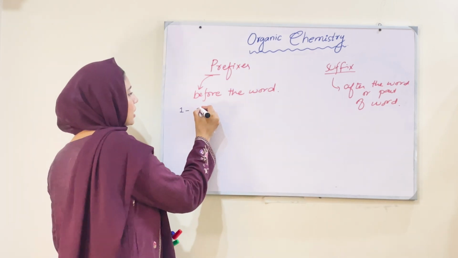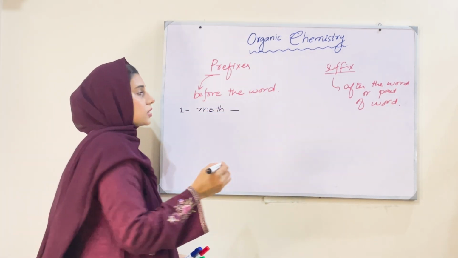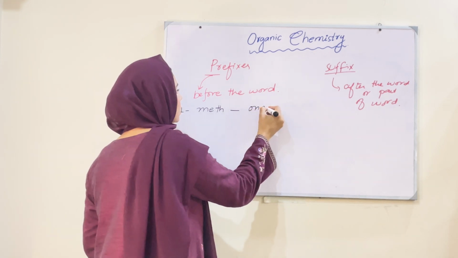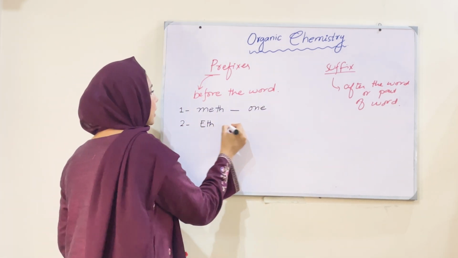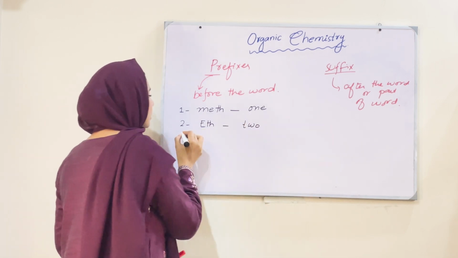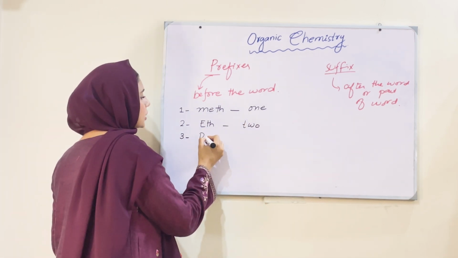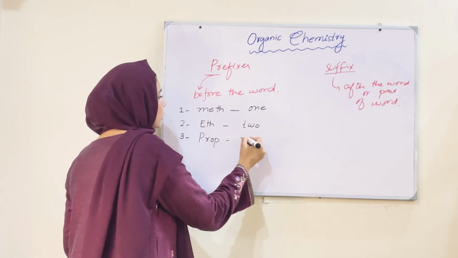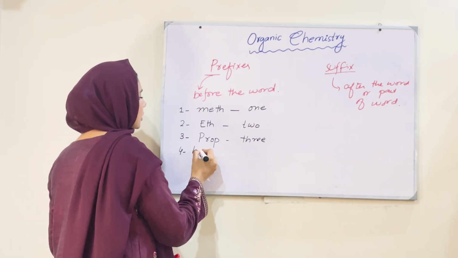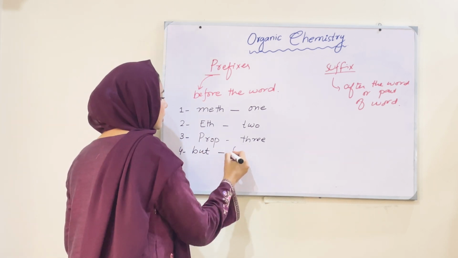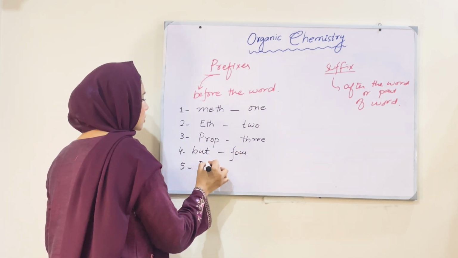So first one is meth. Meth means 1. Second is eth. That means 2. Third is prop. That is 3. Fourth one is but. That is 4. Then pent.